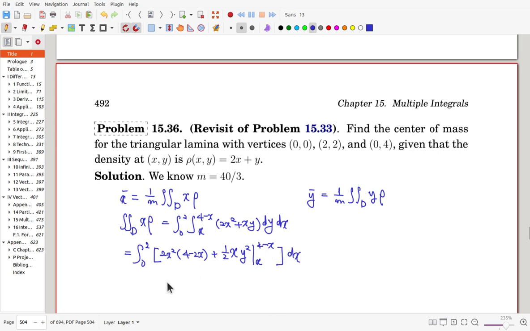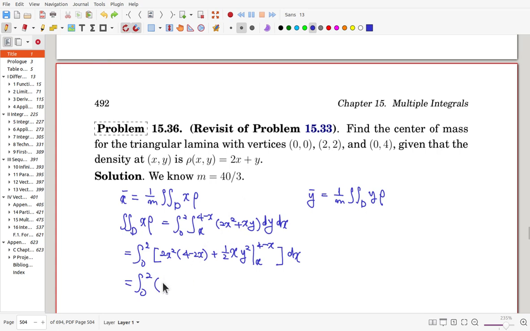Right? Then now we'll rewrite again from 0 to 2. This is now 2x, let's try to expand.